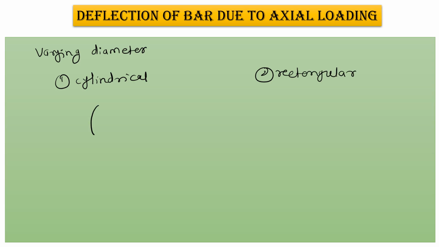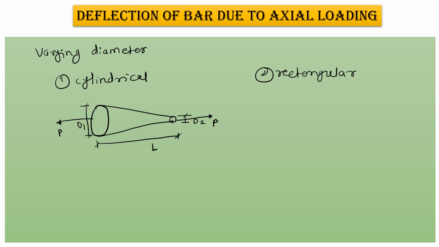So this is the cylindrical shape. Here the delta L for the cylindrical bar is 4PL divided by pi D1 D2 into E. E is the Young's modulus.